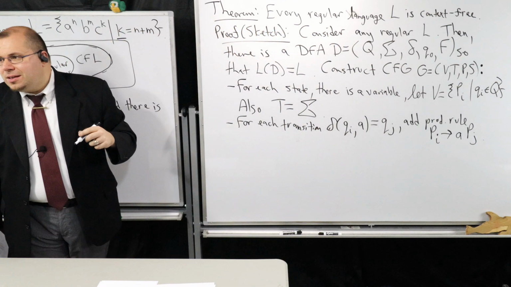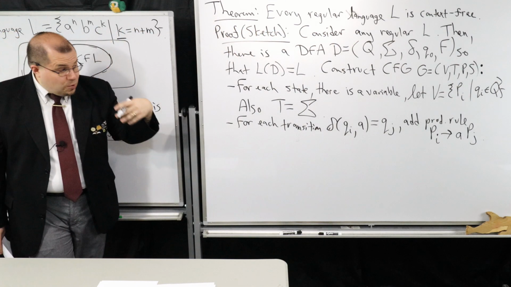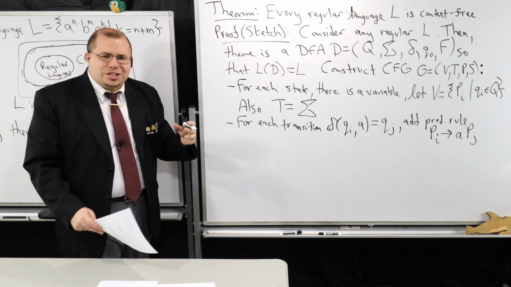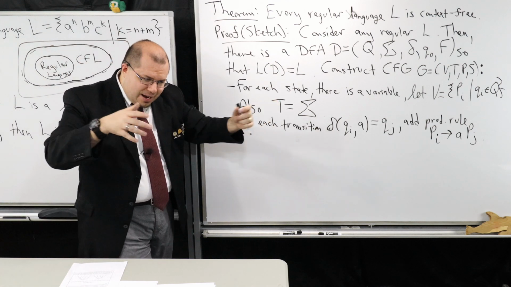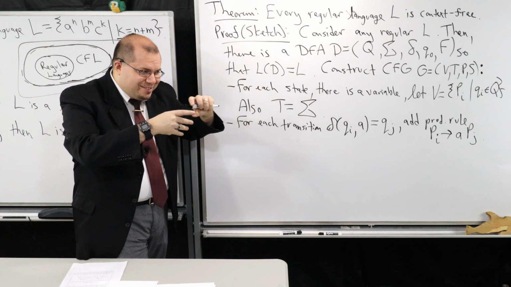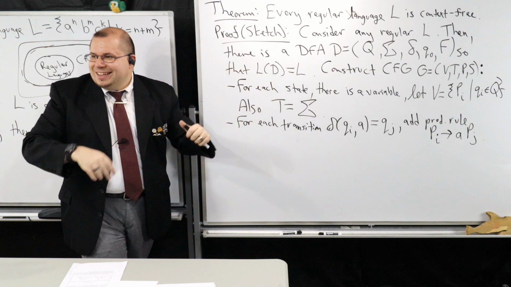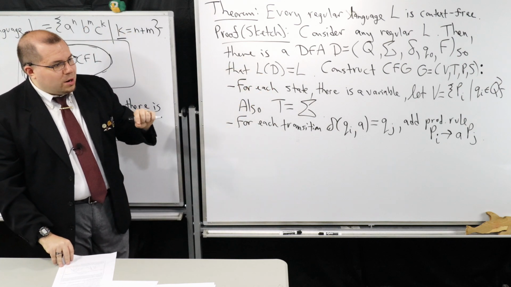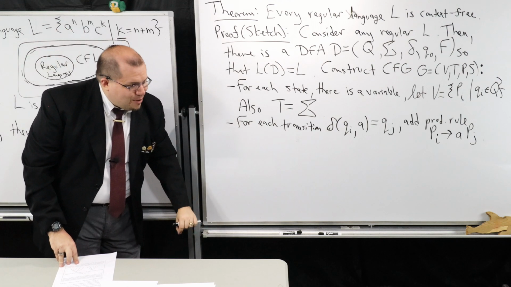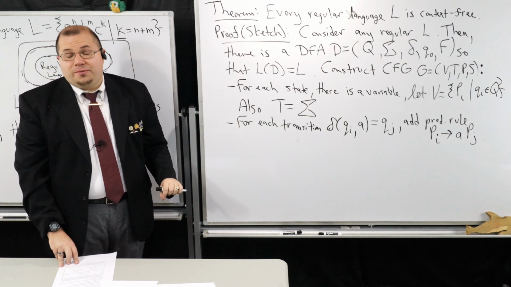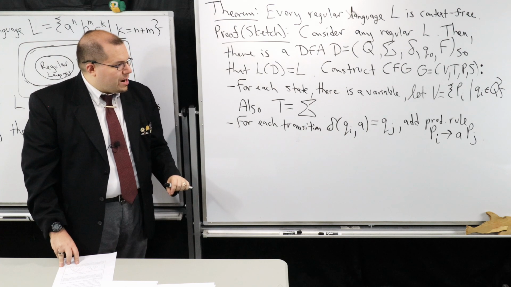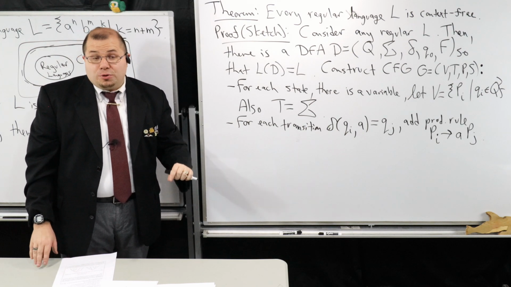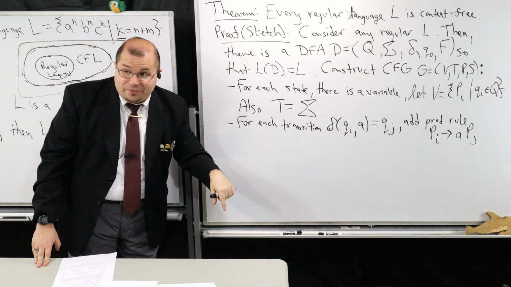That's the intuition behind why we're doing this. You can almost imagine I'm taking that DFA and unraveling its transitions and turning them into rules, so that if you were to take a walk down any one path of generating a string for this context-free grammar, it's just like I was processing over some path in the DFA.